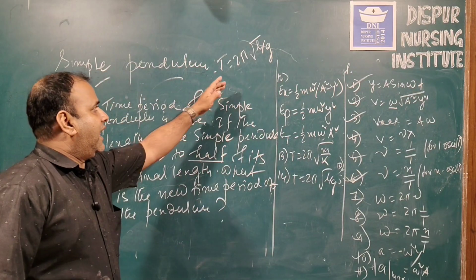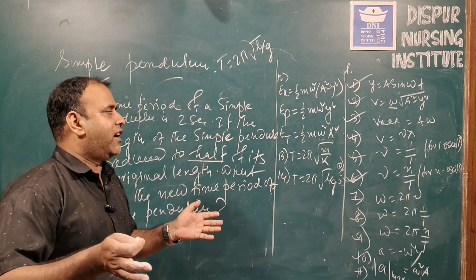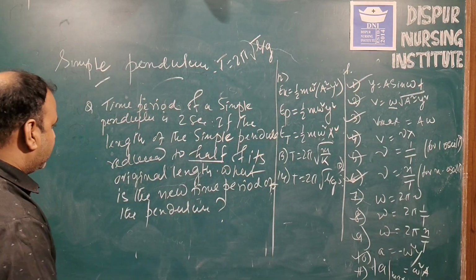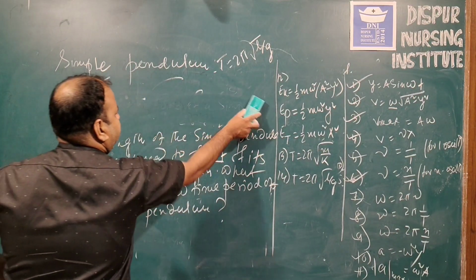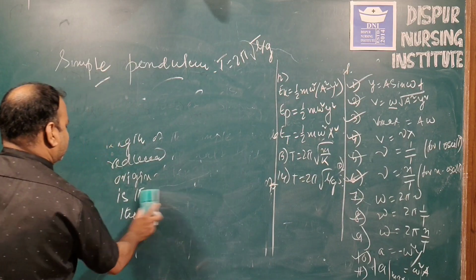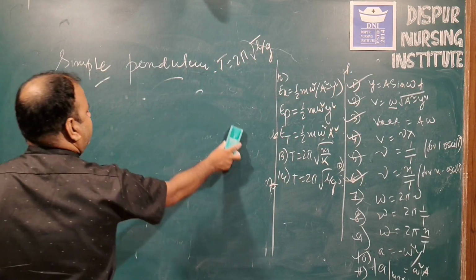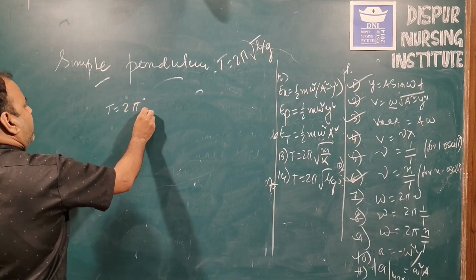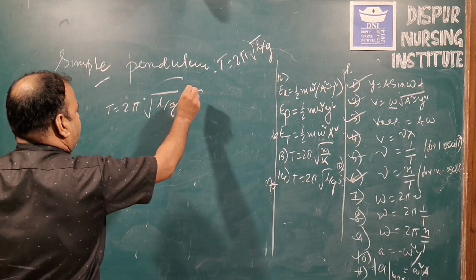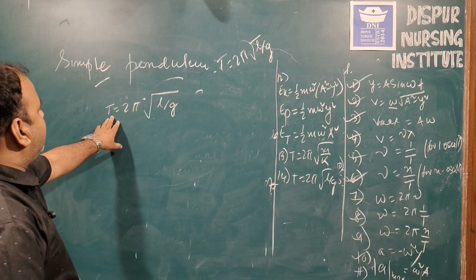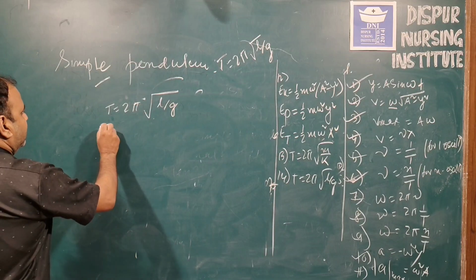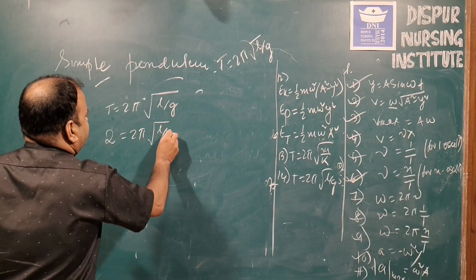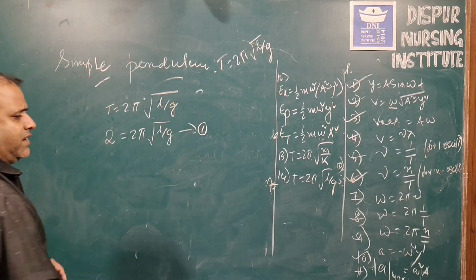When the length of the pendulum is reduced to half, what will be the change of the time period? In shortcut way I am giving you the solution. Normally the formula is T is equal to 2π under root L by g. The time period is given 2 seconds, so I have written 2 equals 2π root L by g. This is your equation number 1.